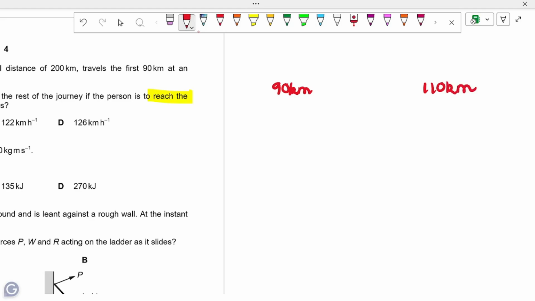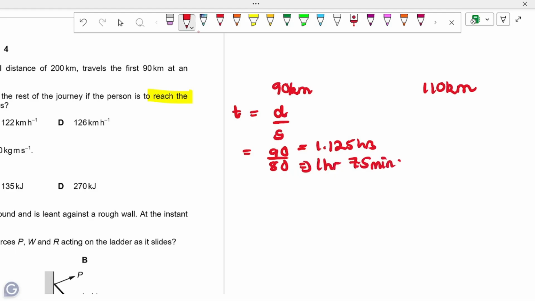I know that to get the time, it's going to be the distance divided by the speed, right? I know the distance is 90, the speed is 80. That's going to give me 1.125 hours. 1.125 times 60. That's basically going to be 1 hour, 7.5 minutes. Okay, so this is the amount of time taken to travel 90 kilometers.